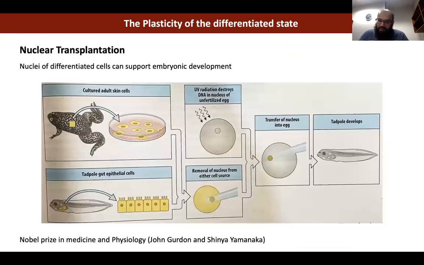And we have seen previously that when you put a somatic cell nucleus from an adult, or from a late embryonic stage or the larval stages, back into the egg, the animal only develops until the tadpole.